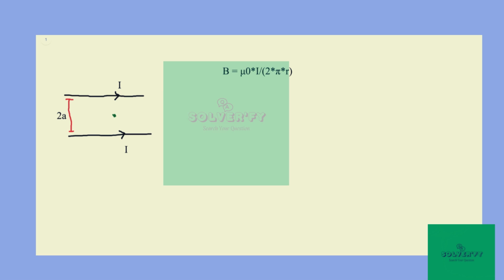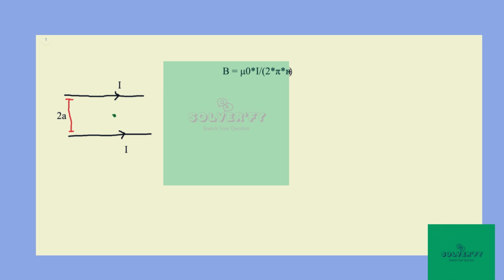So the magnitude of the magnetic field caused by a single wire is expressed here, which I've shown up here, where r is the distance from the wire. So first thing, notice that the only factors that this is going to depend on is the magnitude of the current, I, and the distance from the point that we're looking at.